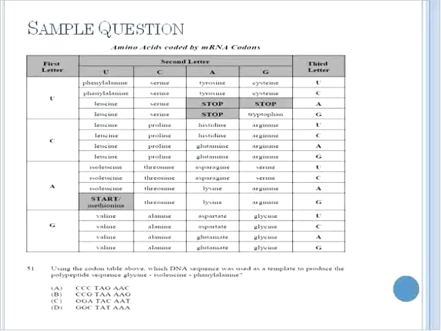This question, as posed, asks you to refer to a codon table. You are asked which DNA sequence was used as a template to produce the polypeptide sequence glycine, isoleucine, phenylalanine. Take note, you are asked about DNA. Therefore, you will need to determine the messenger RNA sequence, and from that, determine the DNA.